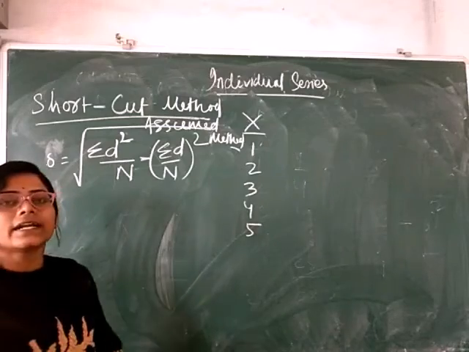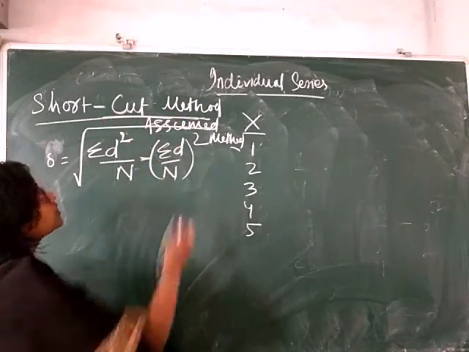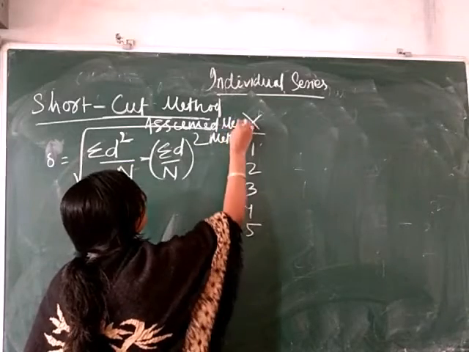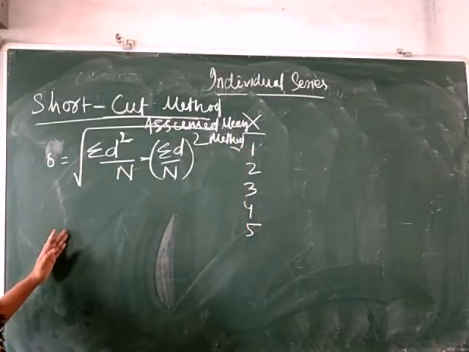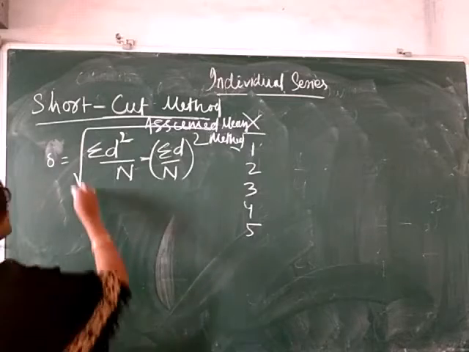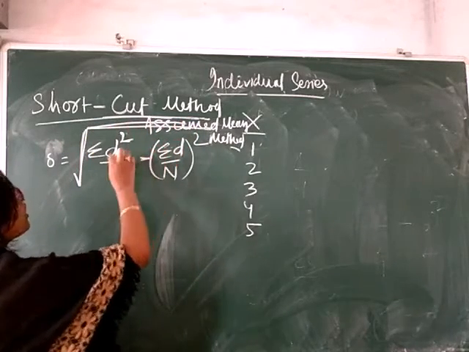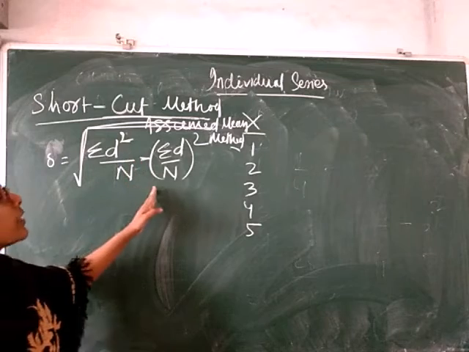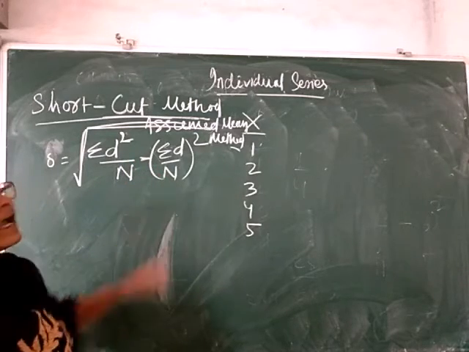Now we compute standard deviation under shortcut method. This is also known as assumed mean method. The formula of shortcut method, that is standard deviation, equals square root of summation of d square divided by n minus whole square of summation of d by n.